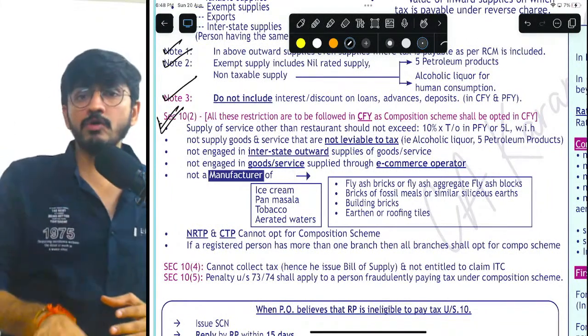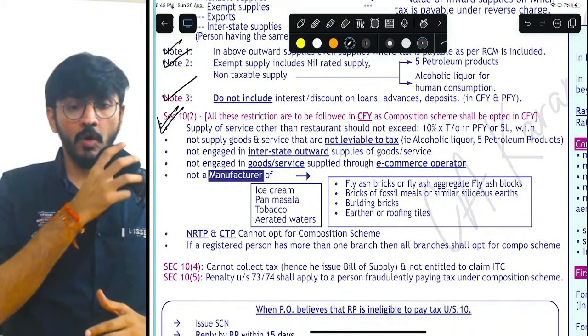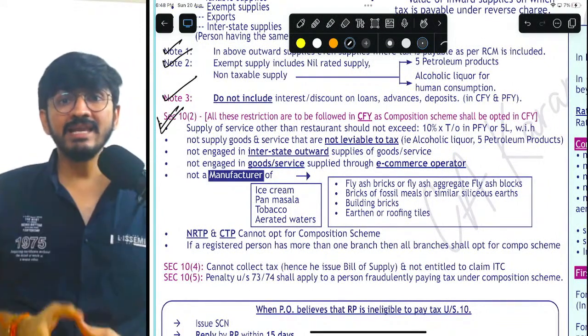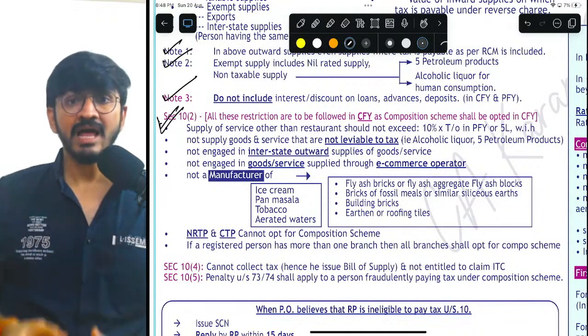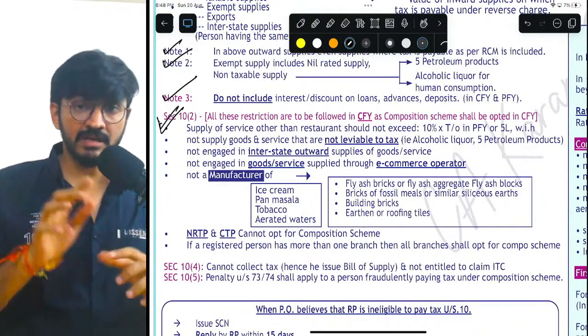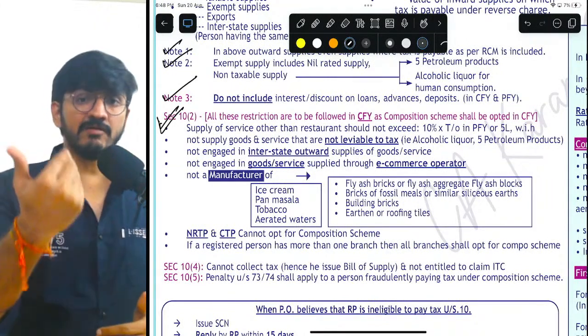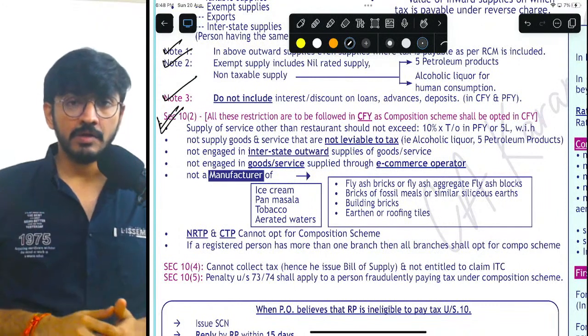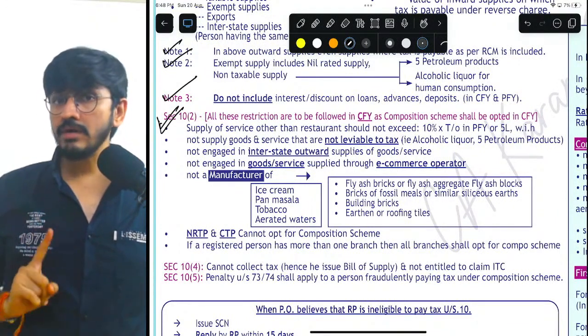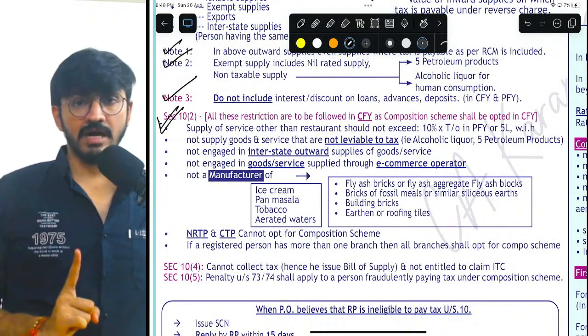Now that you have taken the compo scheme, in the current financial year, ensure that the things I'm mentioning, you don't do them. Dare you do that.